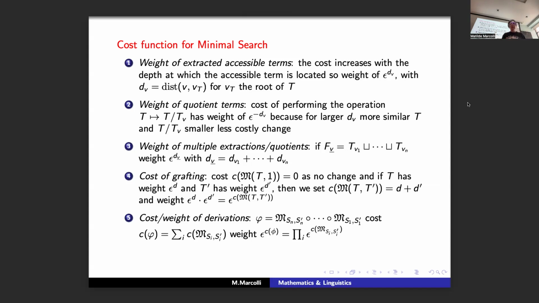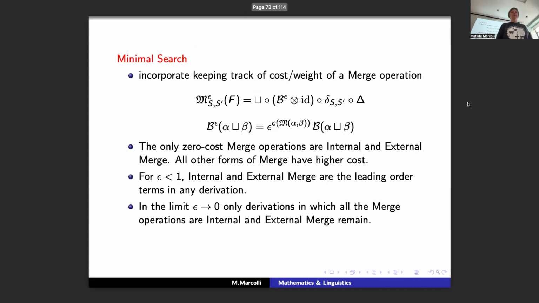And then, of course, if you have multiple extractions, the costs add. If you have two components that have certain weights and you merge them together, then the weight is the sum of the two. If you have several compositions, the costs will also add with each operation. So you can make this assumption about constructing a possible reasonable cost function.